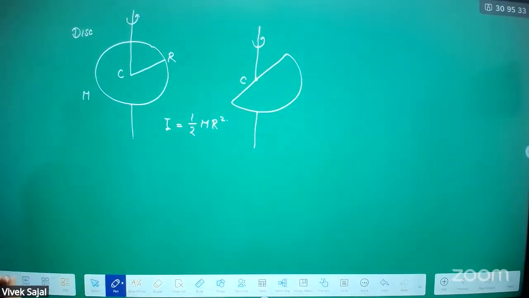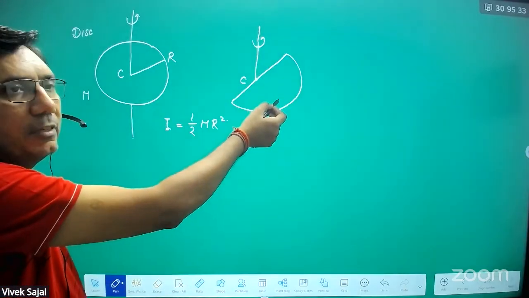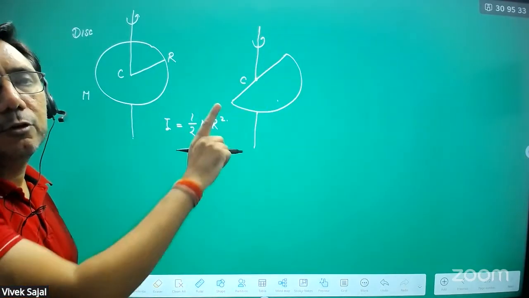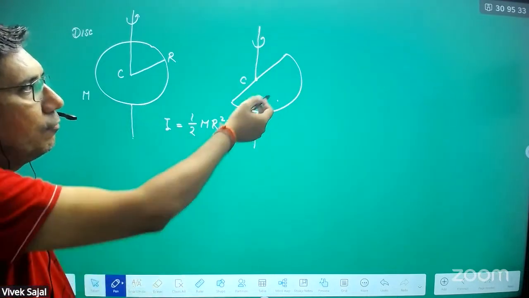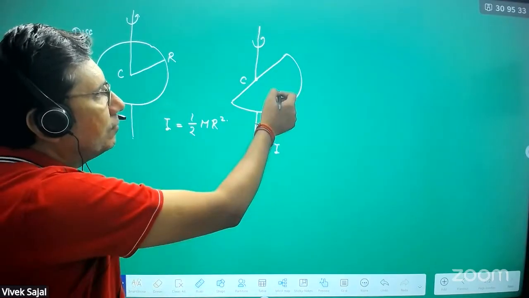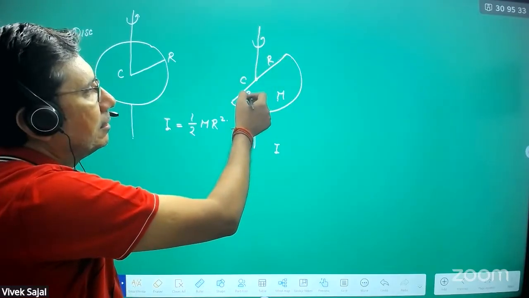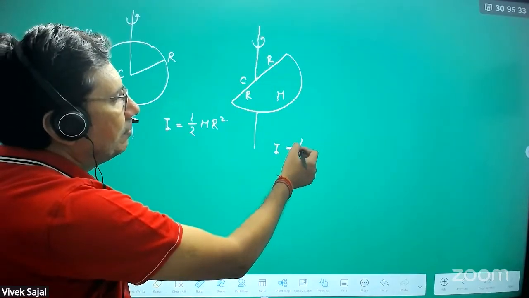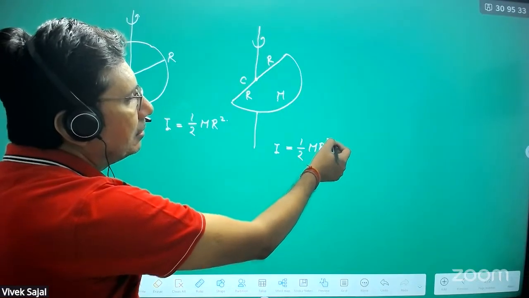It will create the same symmetrical two-dimensional structure, that is, a disk. So the formula will remain the same. If the mass of this half disk is m and the radius is r, then it will be 1 by 2 mr square.